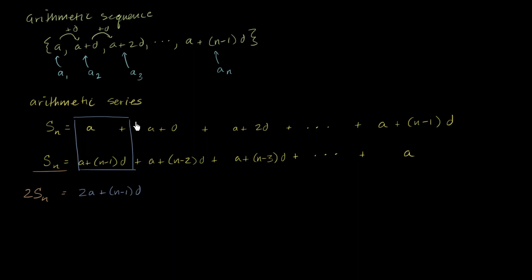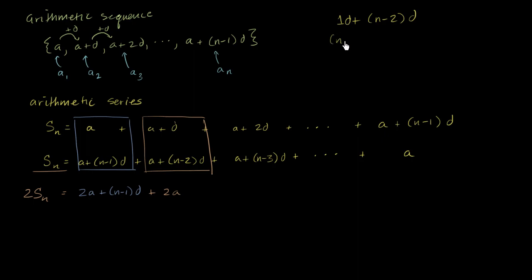Now let's add both of these second terms. So if I were to add both of these second terms, what do I get? Well, I'm going to get 2a plus 2a. And what's d plus n minus 2 times d? So you could view it several ways. Let me write this over here. What is d plus n minus 2 times d? Well, this is just the same thing as 1d plus n minus 2 times d. And so you could just add the coefficients.